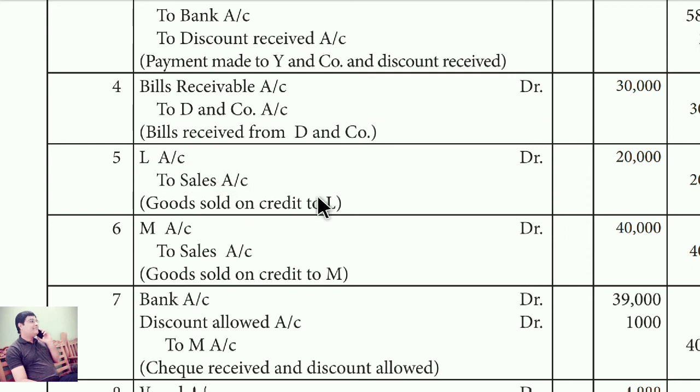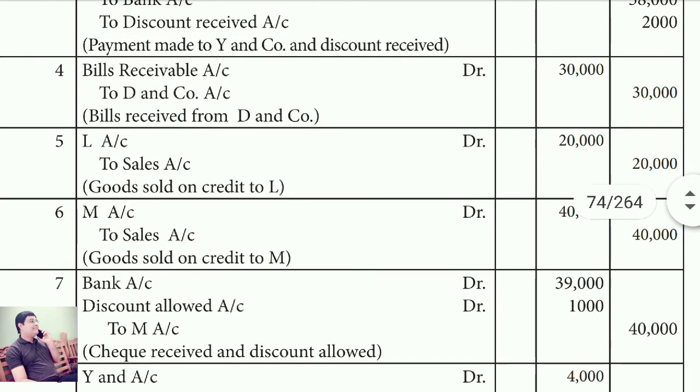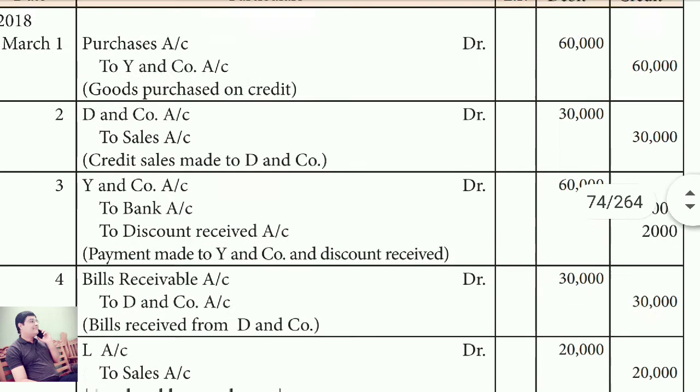L and Company account debit to sales account, because L and Company is what? Personal account. So debit the receiver. L is the receiver, so it is debited. Sales account is a nominal account, so it is credited because it is an income. So credited 20,000 rupees.